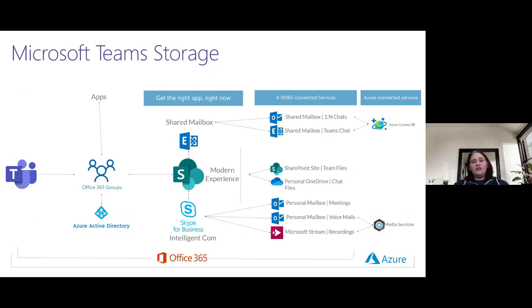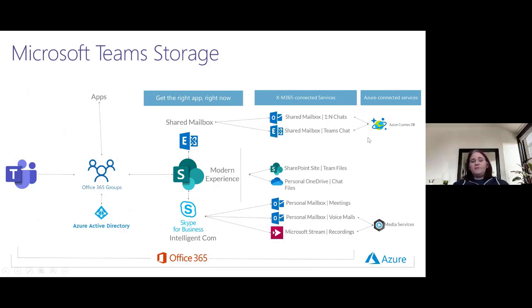Okay, so your one-on-one chats, if people lose them or something happens to them, those are stored through Outlook, and your Teams chats are actually stored through an Exchange shared mailbox, connected through the backend of Azure Cosmos DB. Okay, so you've got two different kinds of chats, your Teams and your one-on-one. Those are stored technically in two separate places if you're looking to find those as an administrator.